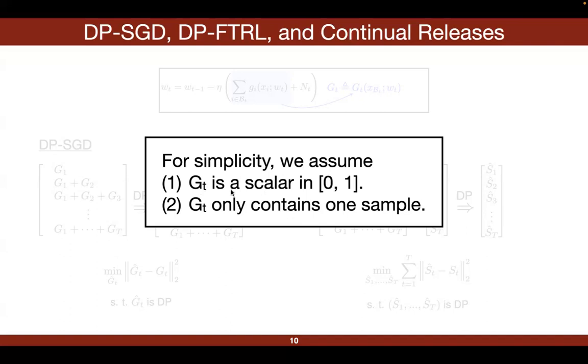These two assumptions are without loss of generality. First of all, if we have a vector gradient, then we can just do composition across dimensions. This is a very standard trick. And for a larger mini batch, it basically only changes the sensitivity. So for simplicity, we will just make this assumption.